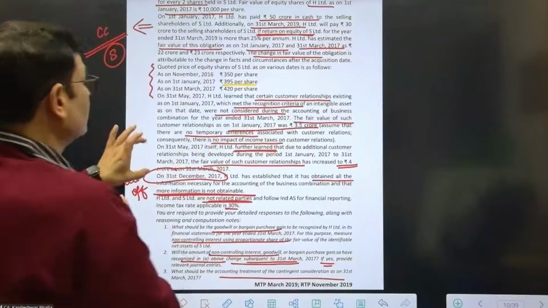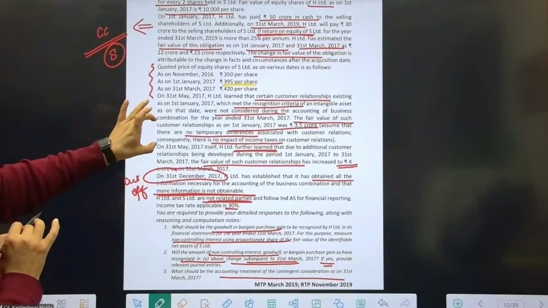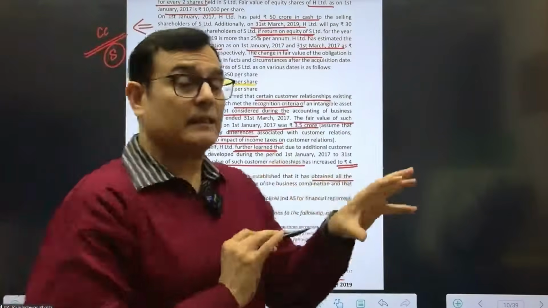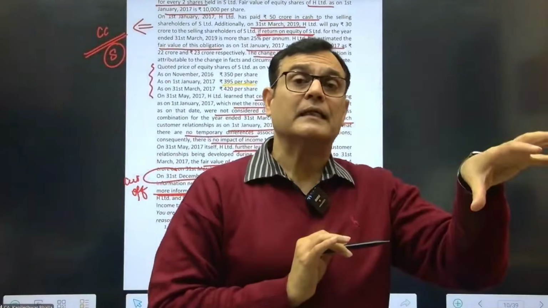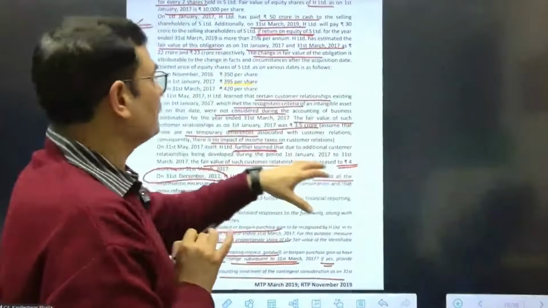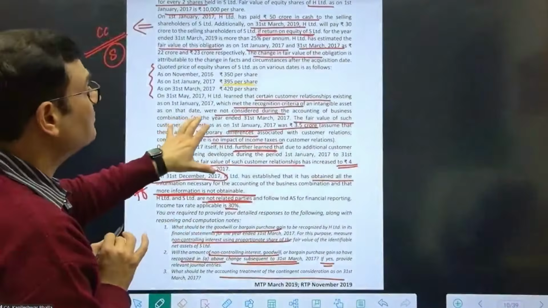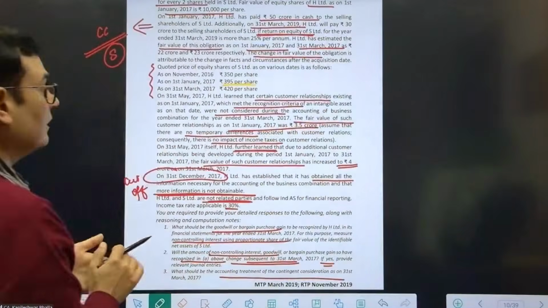So this 3.5 crores is relating to the conditions on the acquisition date. These customer relationship intangible assets were present on that date, but since we did not take them because the fair value might not have been reliably measurable on that date, now this 3.5 crores will affect my goodwill retrospectively.